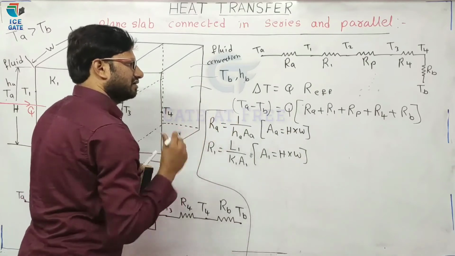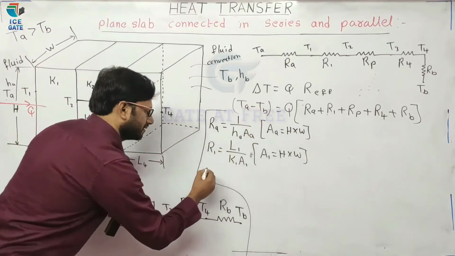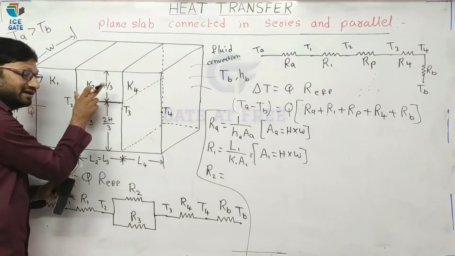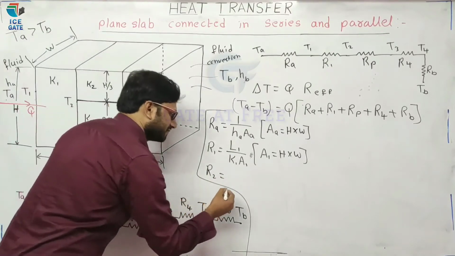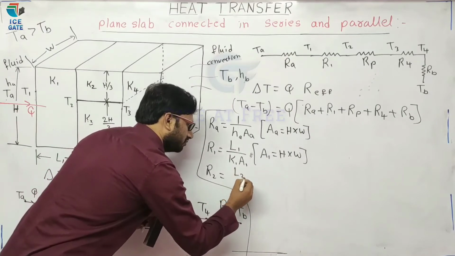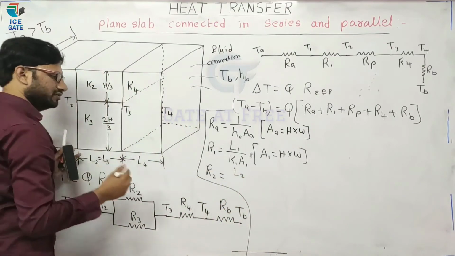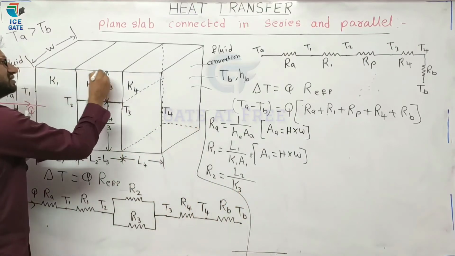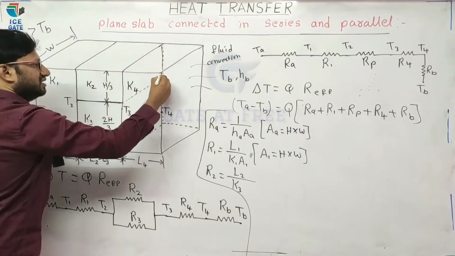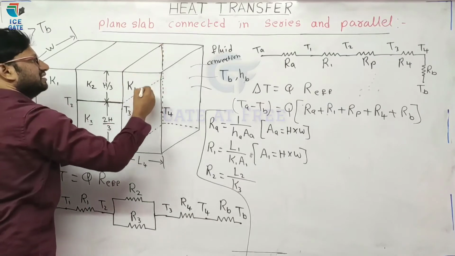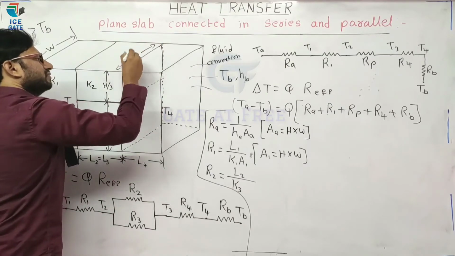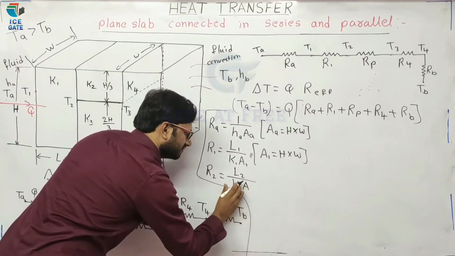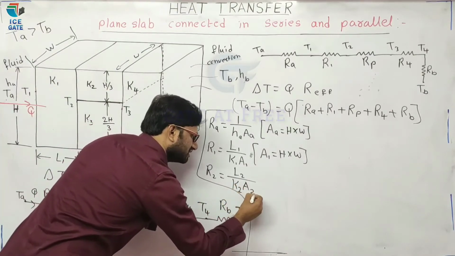Next, R2. What is R2? Resistance offered by the second material. The resistance offered by the second material is L2 divided by K2 into its area, K2 into A suffix 2.